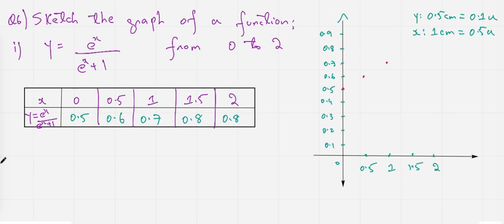At 1.5 it is 0.8, so here. And at 2 I'm having 0.88, so it's going to be somewhere here.